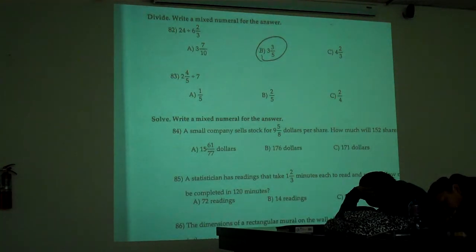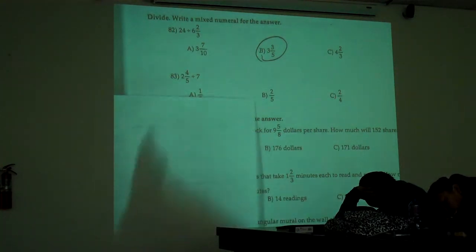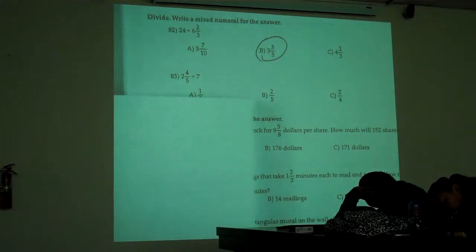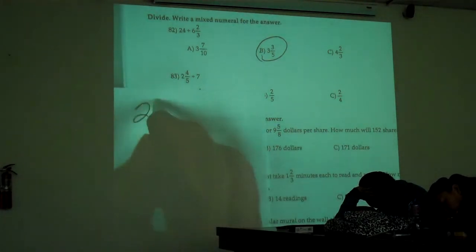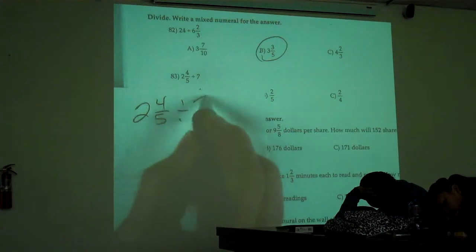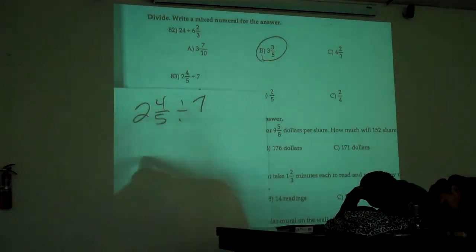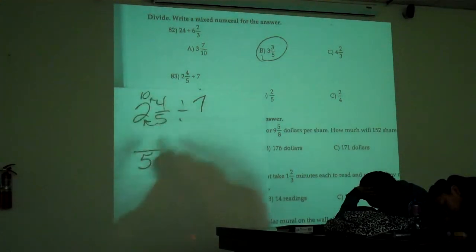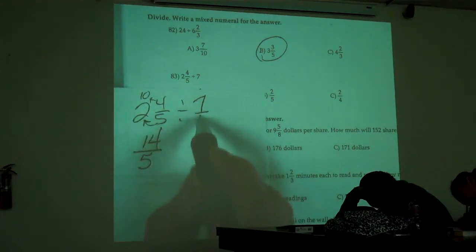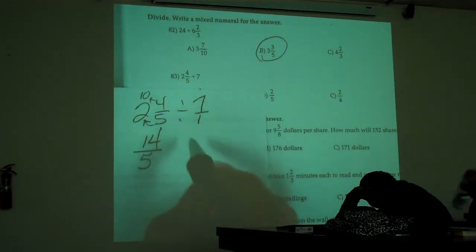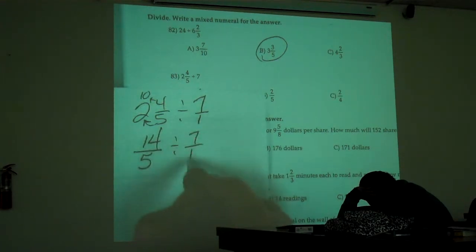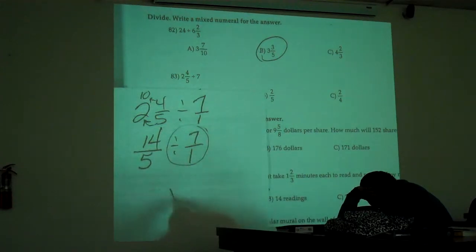Okay, the next one, another division. 2 4/5 divided by 7. Turn those into fractions first. So this one, 5 stays on bottom. 5 times 2 plus 4, 14. This is a fraction, 7/1. We're dividing by 7/1, so we need to flip it. Multiply by the reciprocal.